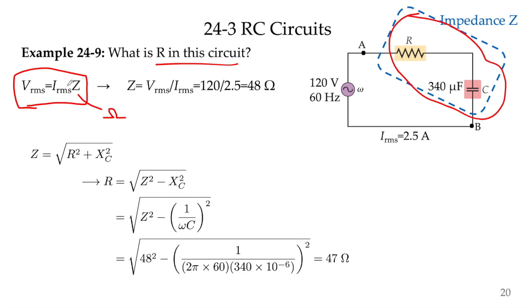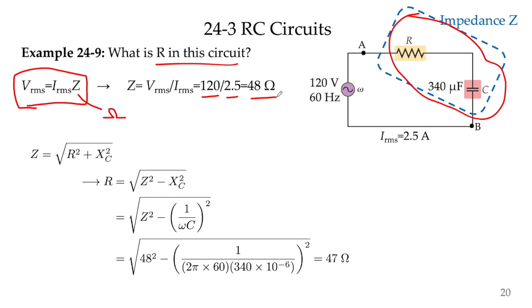So I can rewrite this equation as impedance equals V divided by I. The RMS voltage is 120, and the current is given as 2.5. If you do this division, you're going to find the impedance Z is 48 ohms.